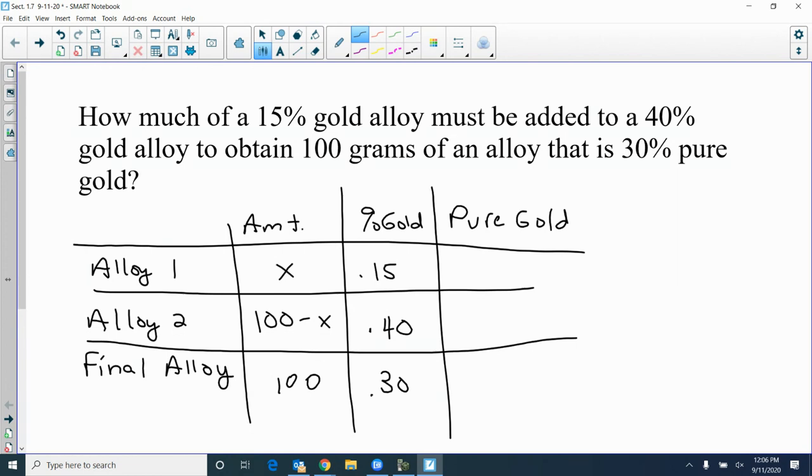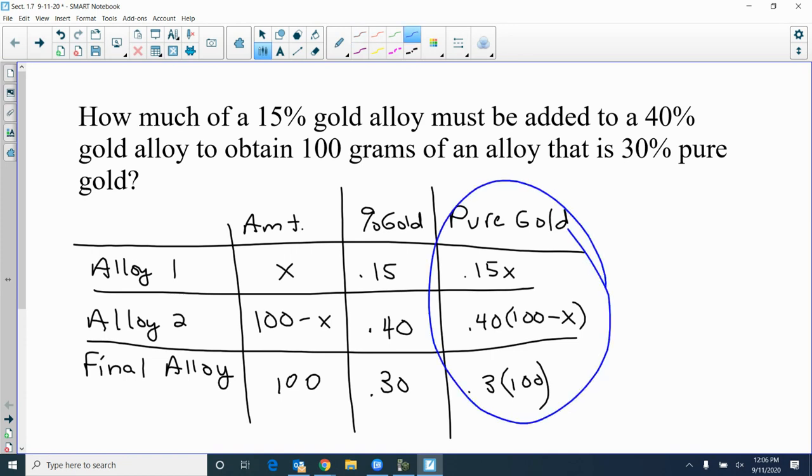Percent times amount gives you the amount of pure gold in that alloy. So it's 0.15X, plus 0.40 times (100 minus X), and then 0.3 times 100. This right here, that's your equation.